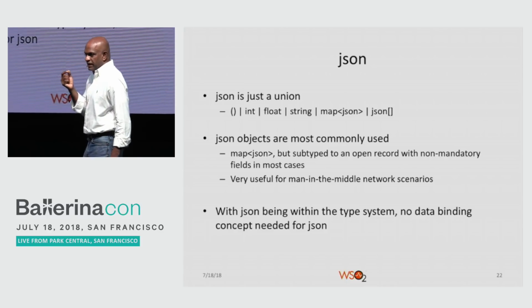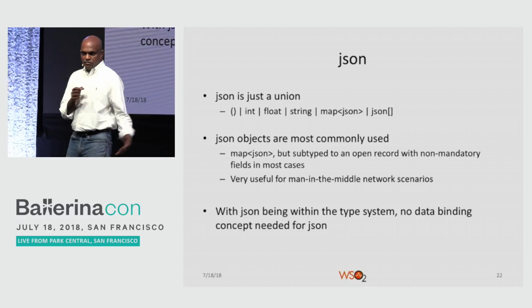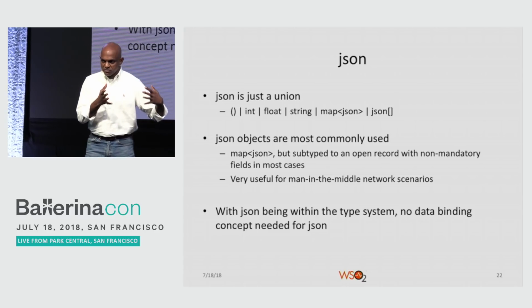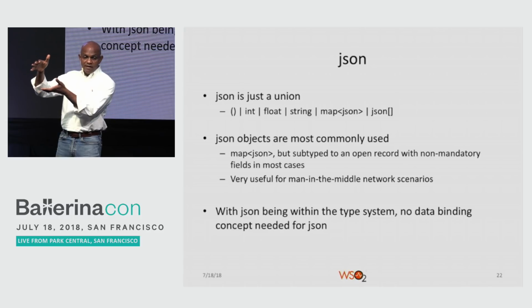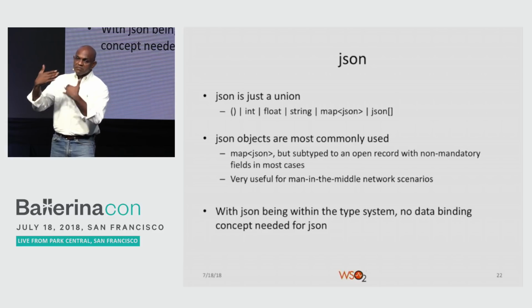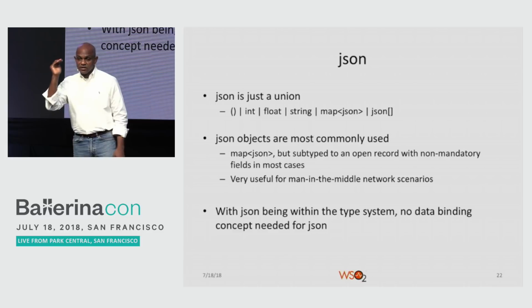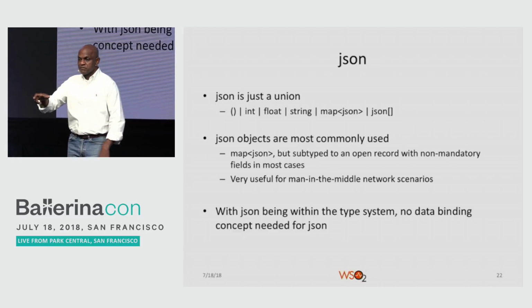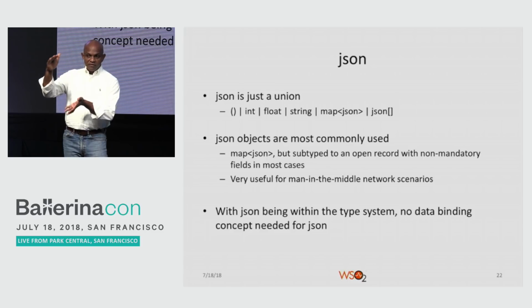Also, the last point is important. There is no concept of data binding needed in Ballerina at all for JSON or XML. If I'm reading some data from the wire and it's a JSON value, and I declare either a map or just JSON, it just becomes JSON, there's no data binding. If I want to name the fields, I can declare a record and say it's going to have this field, maybe it has this field, and then a collection of other stuff.